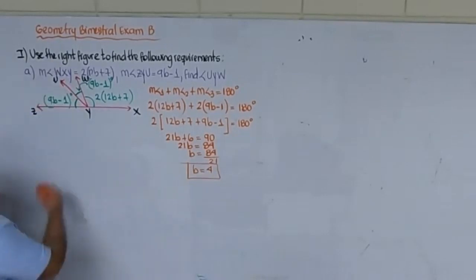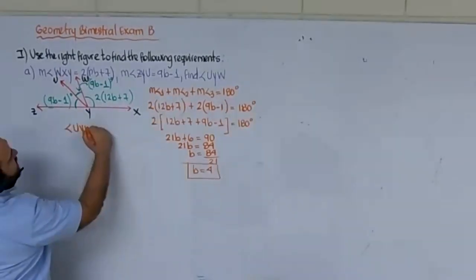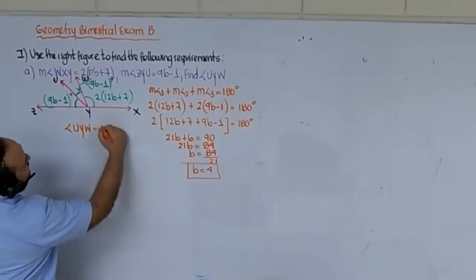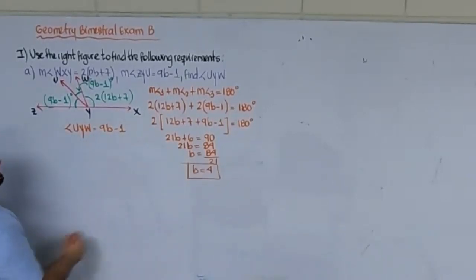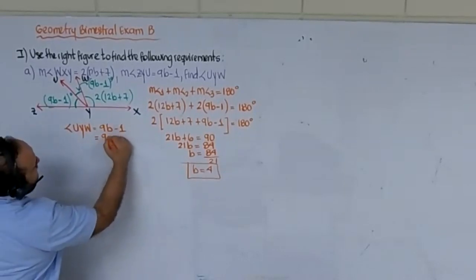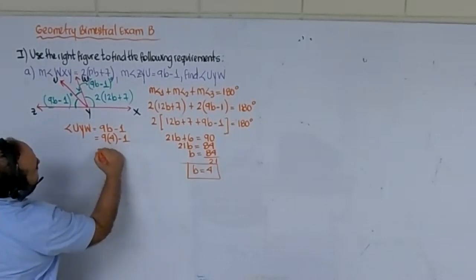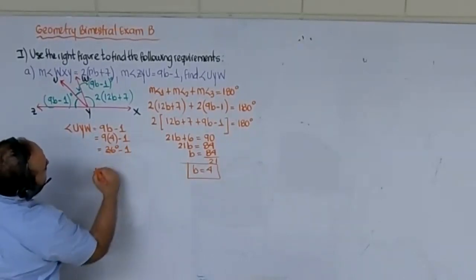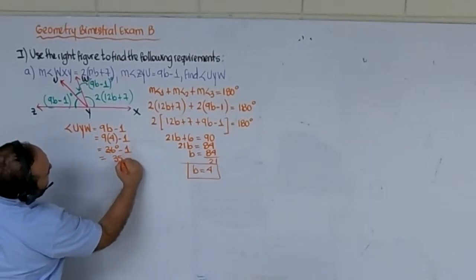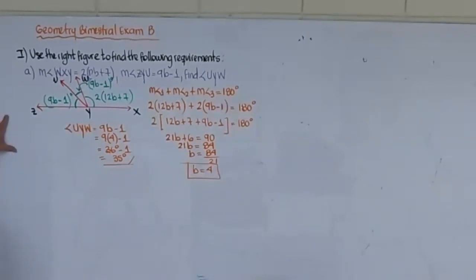The measure of the angle UYW is provided by the expression 9B minus 1. So 9 multiplied by 4, subtracting 1, that will be 36 degrees minus 1 equals 35 degrees. And this is going to be the solution of letter A.